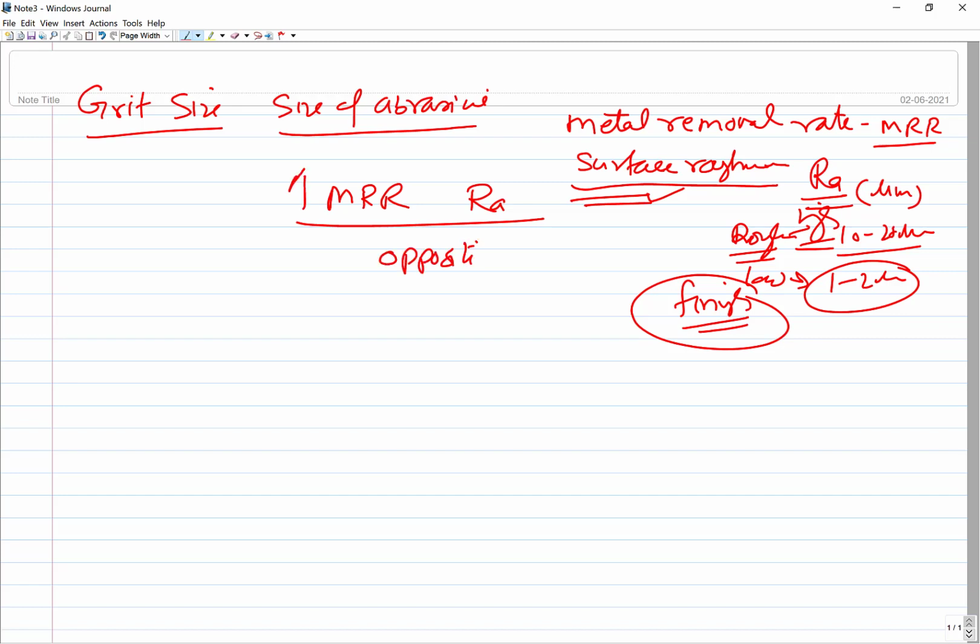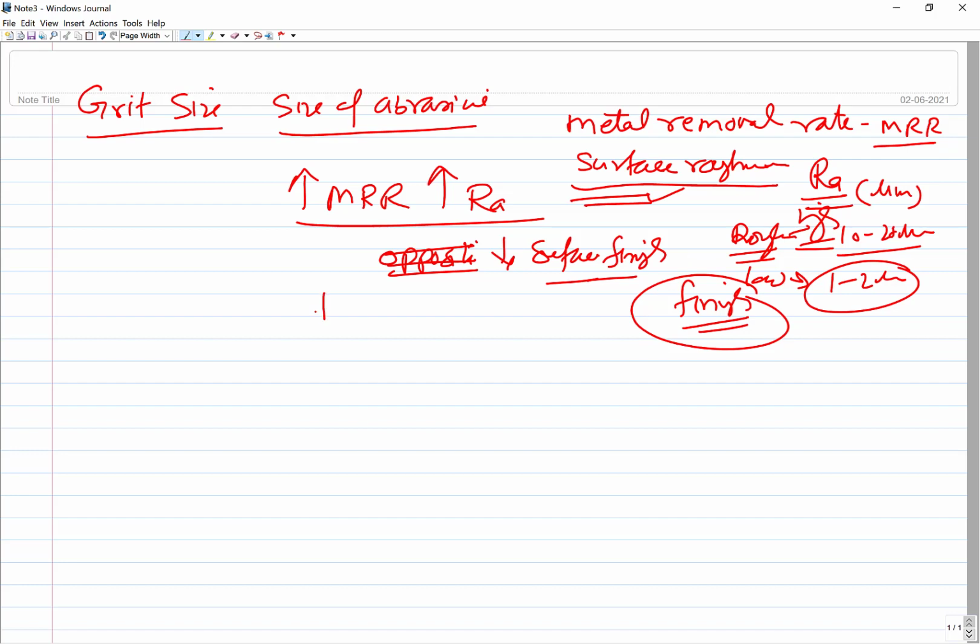If you go for high MRR, in terms of the surface finish actually, high MRR means high roughness. High roughness means low surface finish. So if you want high MRR, then obviously you will be getting the low surface finish, or you will be getting high roughness.